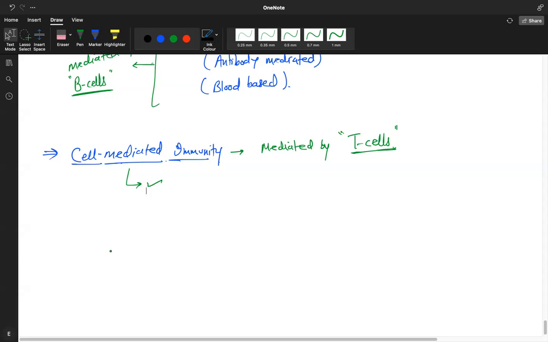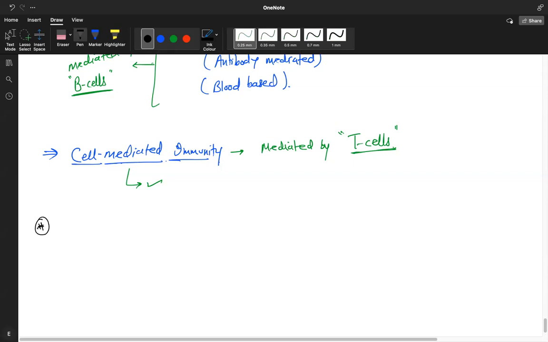Just like there are two types of transport in the cell, active transport and passive transport of molecules. Remember that diffusion is passive transport, and movement through channels is active transport, right? Yes, sir. Similarly, there is something called active immunity versus passive immunity.